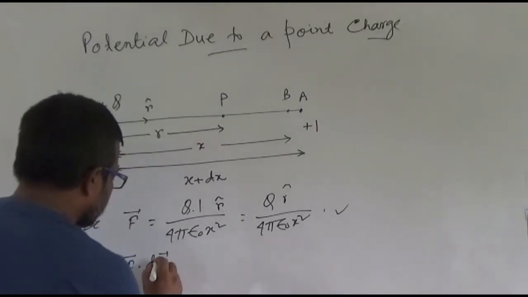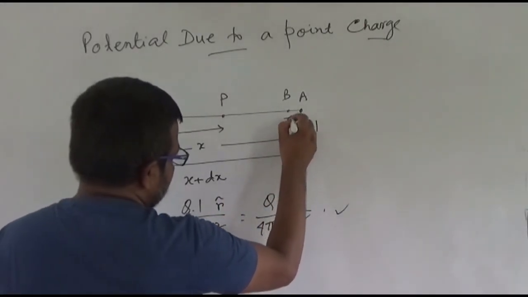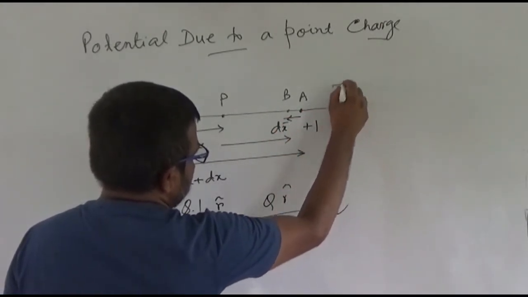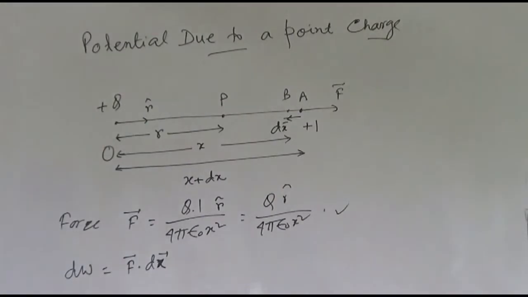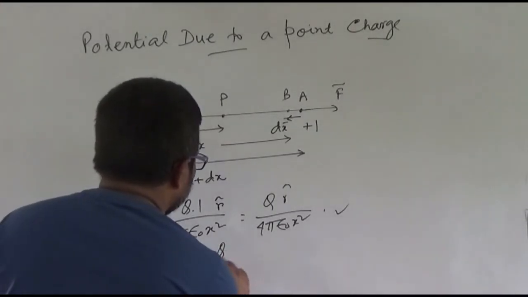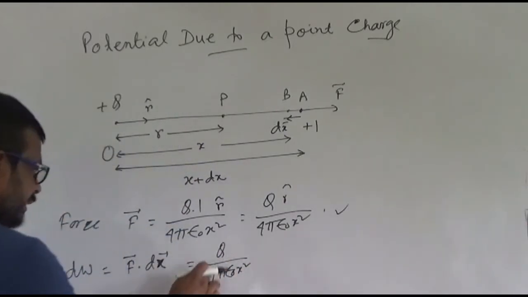rather you can say F dot dx. Dx is along this and F is along this. That means F and dx are in opposite directions. So we can write Q divided by 4 pi epsilon naught x square. This is the magnitude of the force.